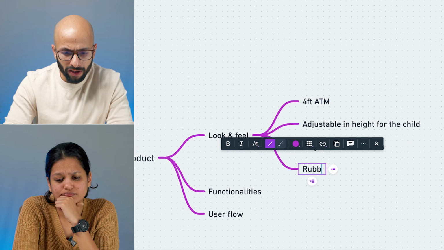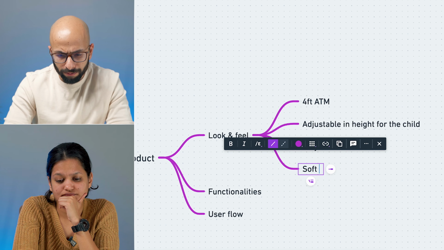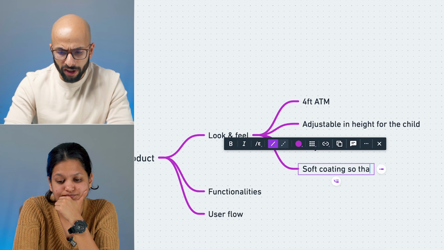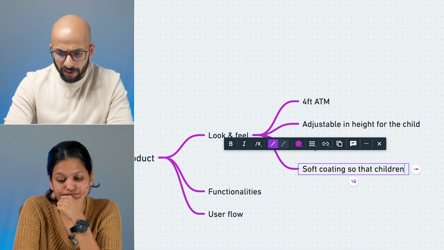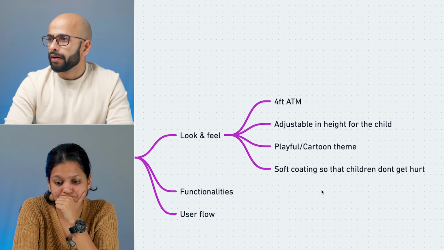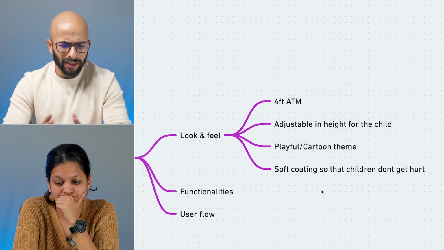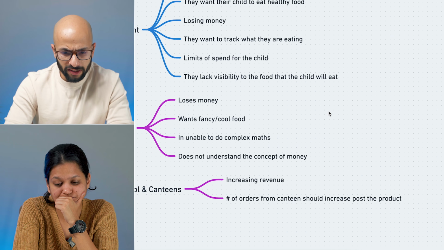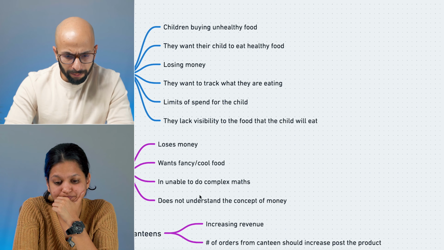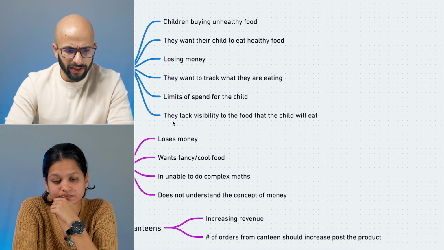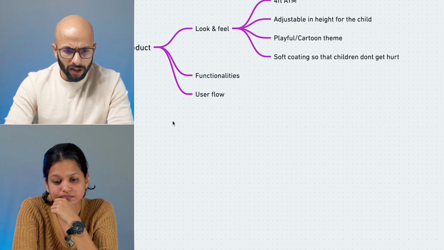Some kind of rubber or soft coating would definitely be needed so that children don't get hurt. Apart from that, in terms of look and feel, I don't think there's anything super critical, but I will look back on the problems and use cases and see if I'm solving for them. Yeah, look and feel wise, it's perfectly fine from the use cases that you want to solve for.